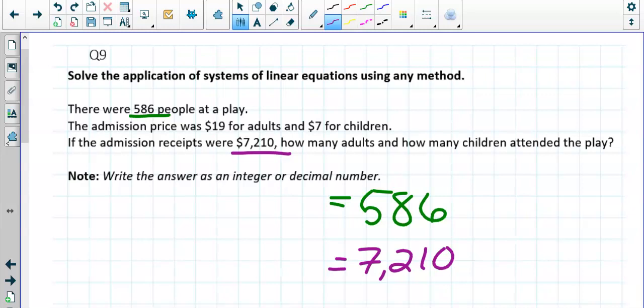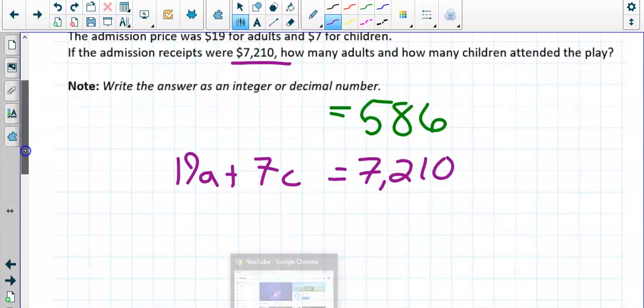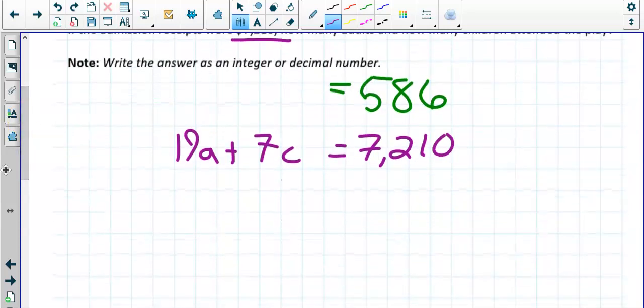But instead of calling this X and Y, let's use a little bit more descriptive terms. Let's call it A and C. So 19A plus 7C. That way we know in the end, once we figure out what A is, that's for adults.